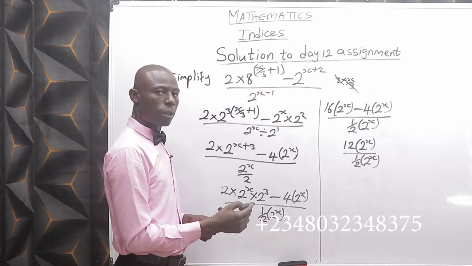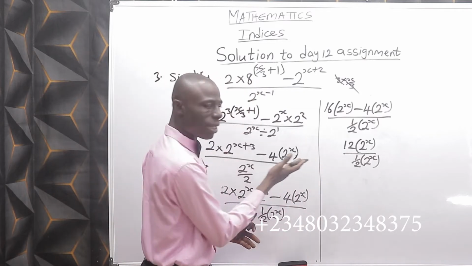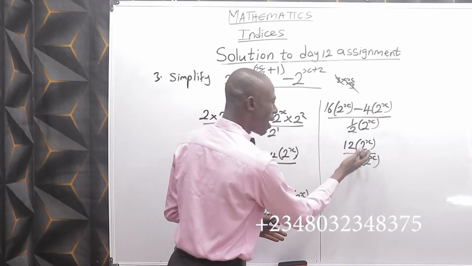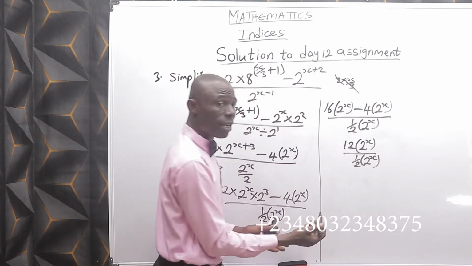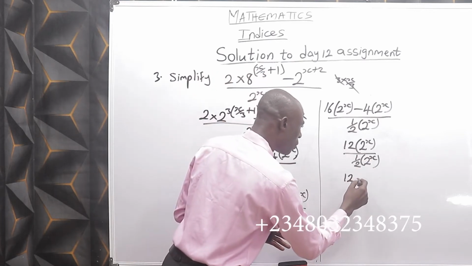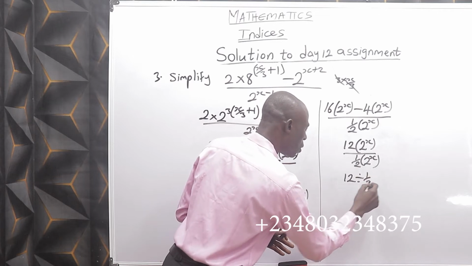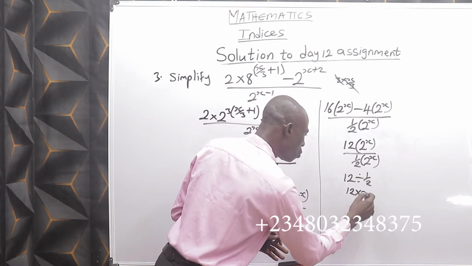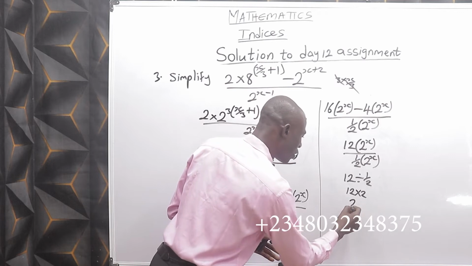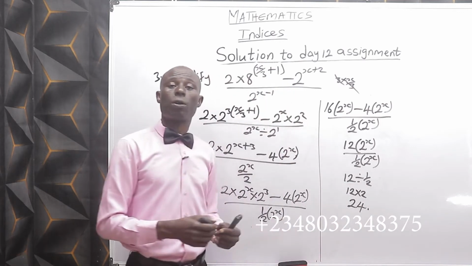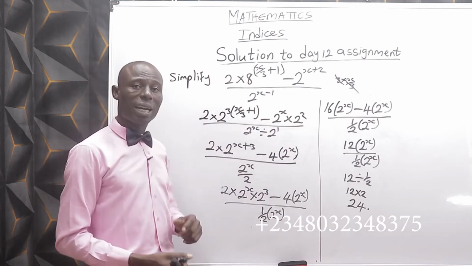Are we following? Good. Here now you can see conspicuously that 2 raised to power x will be divided by 2 raised to power x here, leaving behind 12 divided by half, which is 12 times 2 by reversal, and answer is 24. That is the end of question 3 of the assignment.